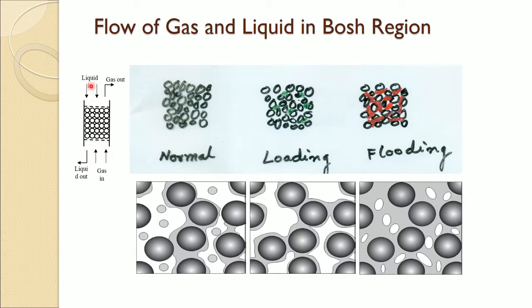And if we keep the liquid flow rate the same and increase the gas flow rate further, then one situation will come where the gas velocity, or gas drag, is high enough that it does not let the liquid flow down, and that situation is usually known as flooding. In that condition it is very difficult for gas to come out, so gas comes out in the form of bubbles. This is also shown in pictorial form.